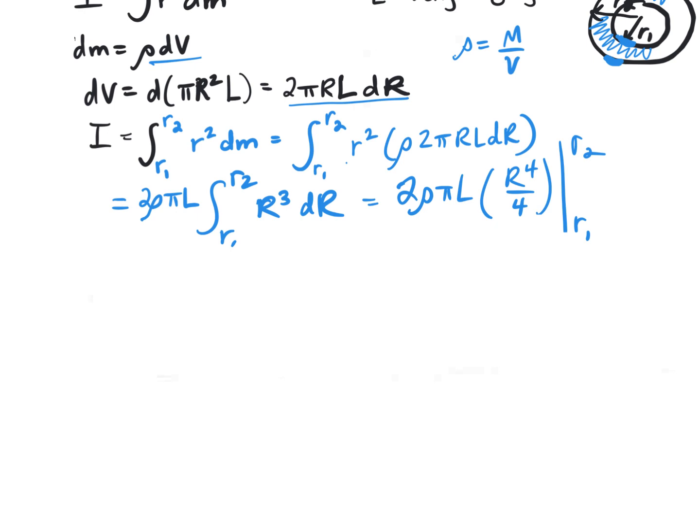It's the area of the outer circle minus the area of the innermost circle, isn't it? Yeah. This is not a really nice one, is it? The further you get in Physics C, the messier stuff gets. So 2 times M over the volume, which is going to be pi L, and we have r sub 2 squared minus r sub 1 squared.